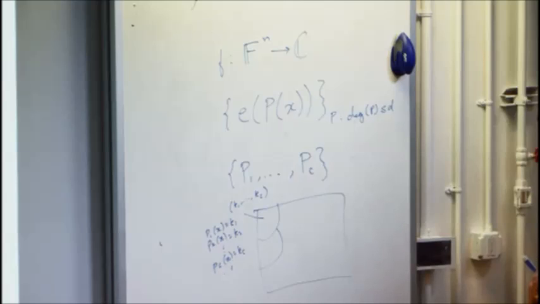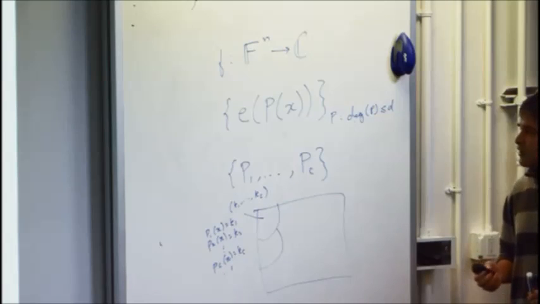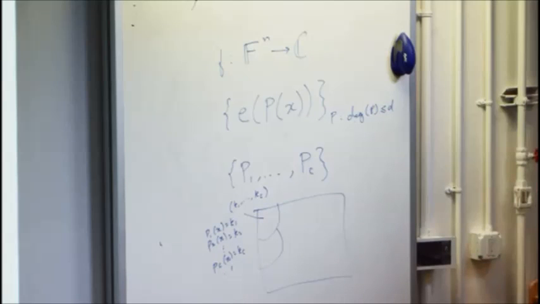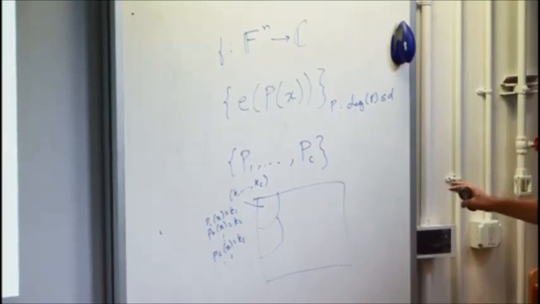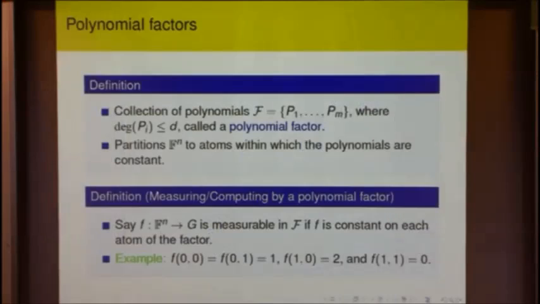Okay. And then we say that a function is measurable with respect to a polynomial factor if it's constant on each atom of the factor. So if you can write a function as a function of P1 through Pc, then it will be measurable with respect to this polynomial factor.